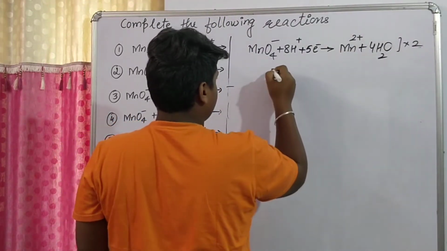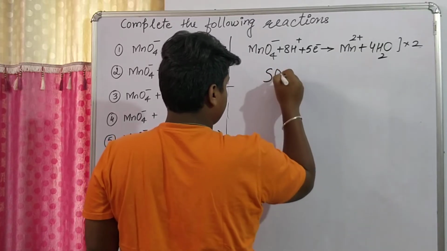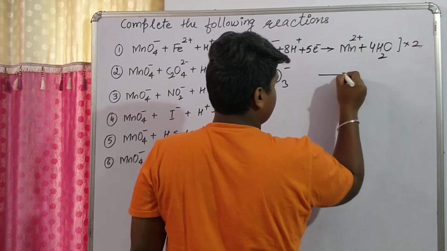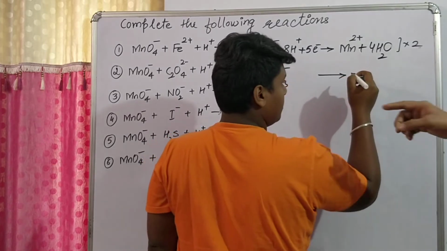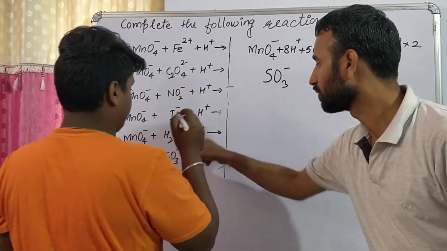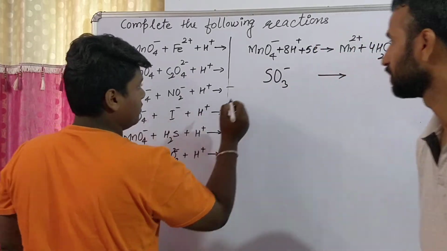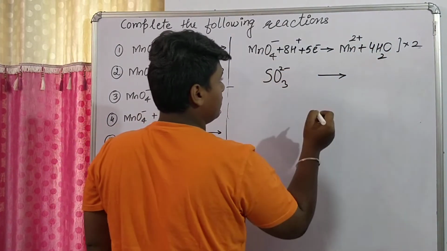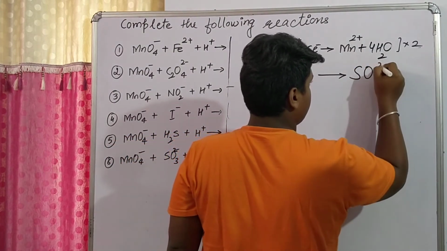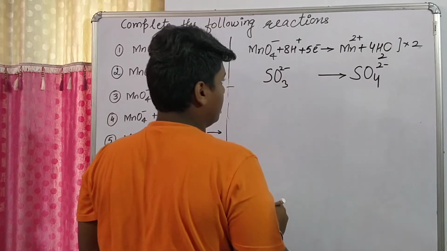So here, I suppose SO3 gives SO4. It is actually 2 negative, sorry. SO3 2 negative gives SO4 2 negative. Balance it.